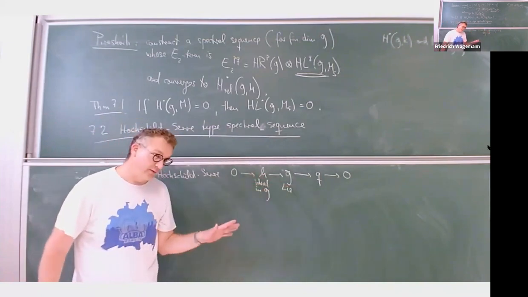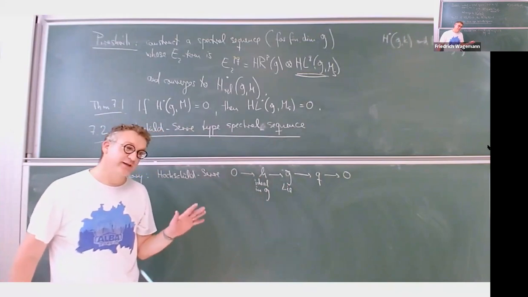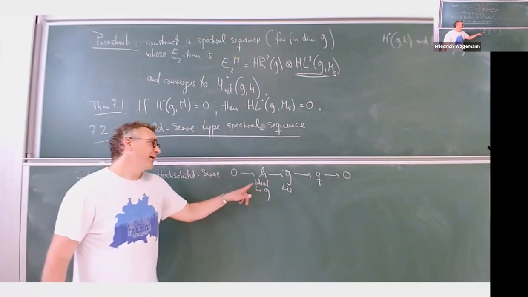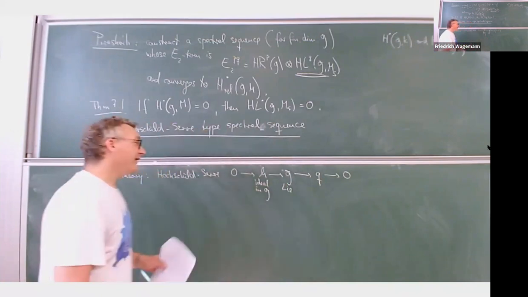In all other places in these lectures, H will be a hyperparameter. But here, it is an ideal in the Lie algebra G.